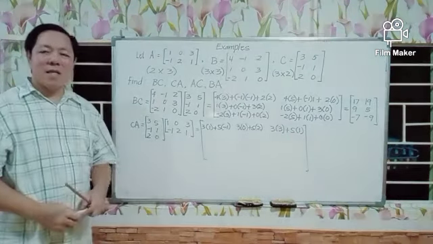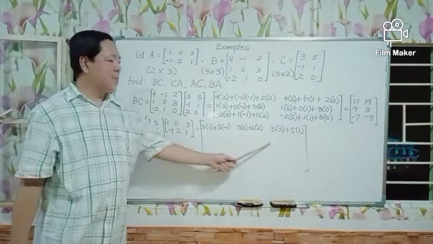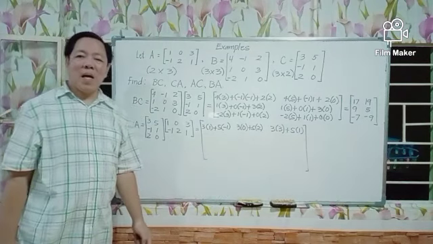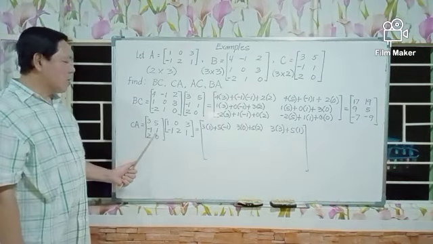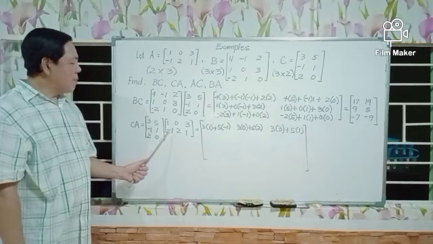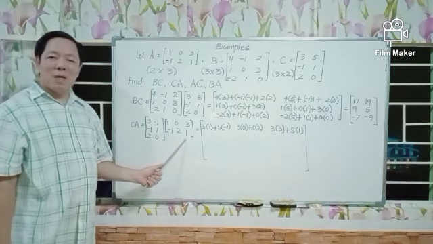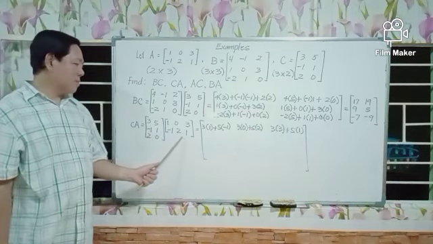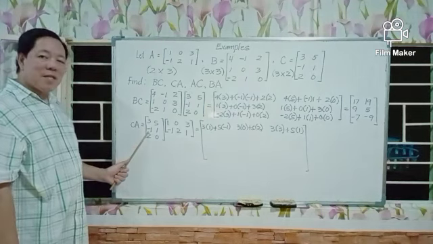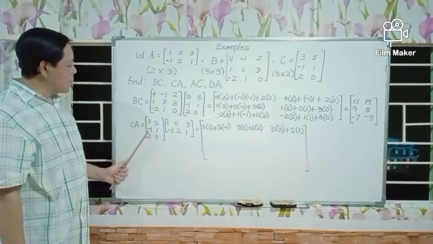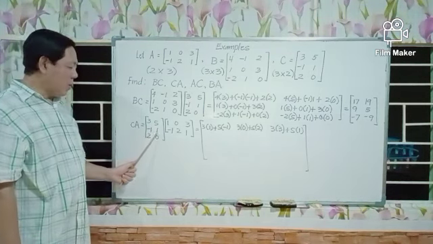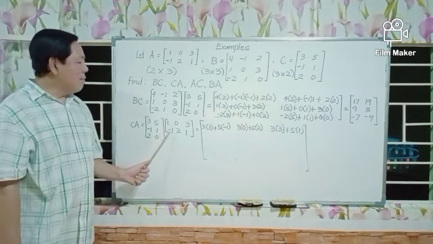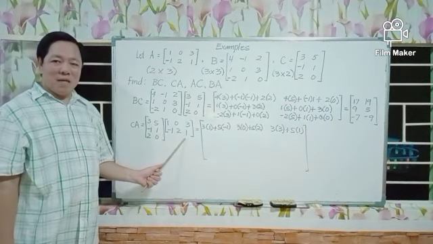Now we get the entries of the second row by multiplying the entries of the second row of the first matrix by each column of the second matrix. Again, multiply the entries of the second row of the first matrix by each column of the second matrix.